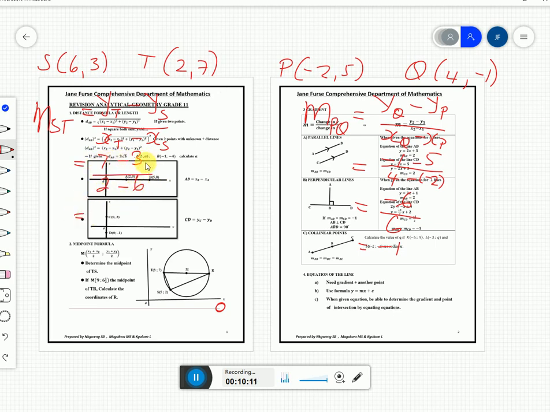Let's subtract: 7 minus 3 is 4, divided by -4. Then the answer is -1.